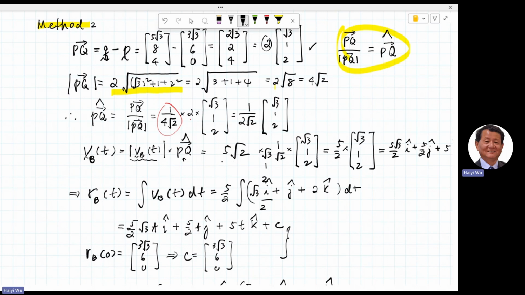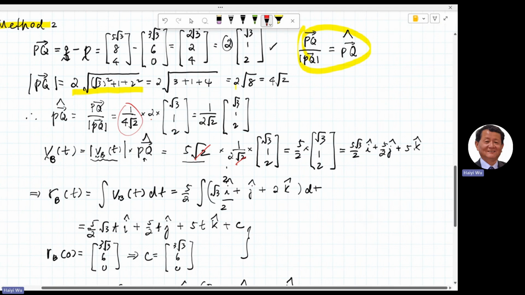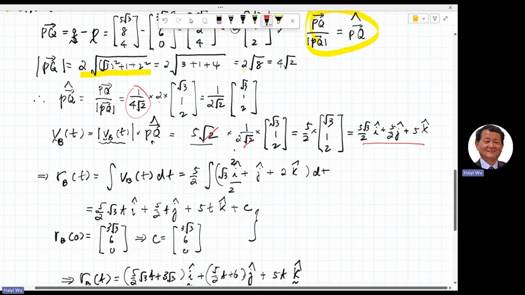The magnitude is 5 square root 2, from the previous method, times 1 over 2 square root 2 times that. Those two cancel out, so the answer is 5 over 2 times square root 3, 1, 2. Then you can expand it back to Cartesian form.